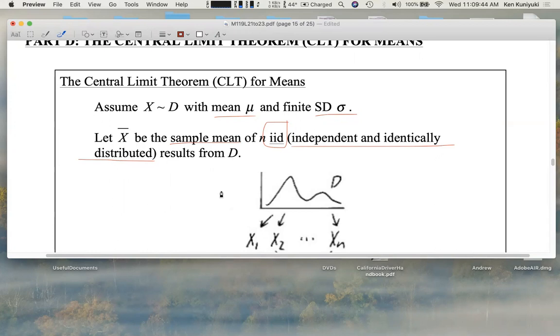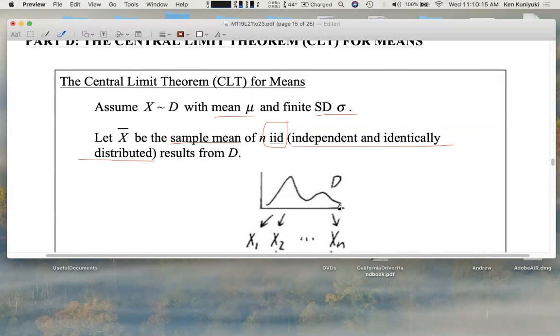The result on one die has no impact on the result of another die. They aren't magically connected by magic glue or anything. These dice are independent. And they're identically distributed. In particular, each die has that flat Big Daddy distribution as the common distribution for all 32 dice. They all have the same distribution.